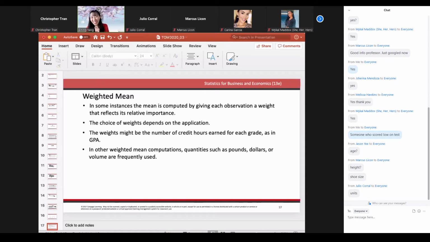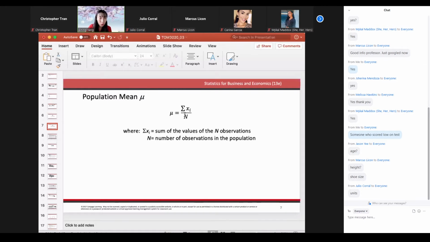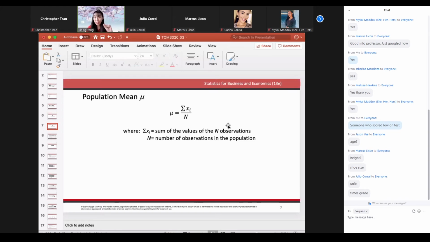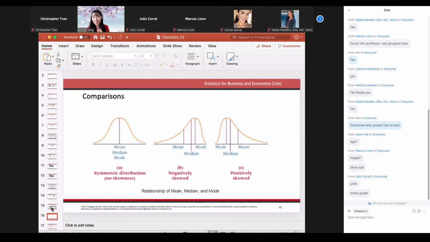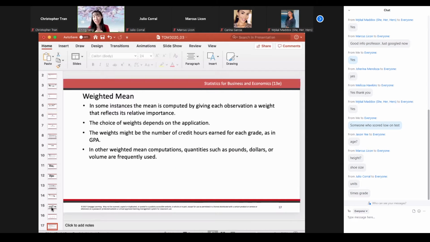Actually, no. So that's the simple average, right? What you are doing is calculating the unweighted mean. That is one mean calculation, but that's not your GPA. And that's exactly why a lot of students get confused.